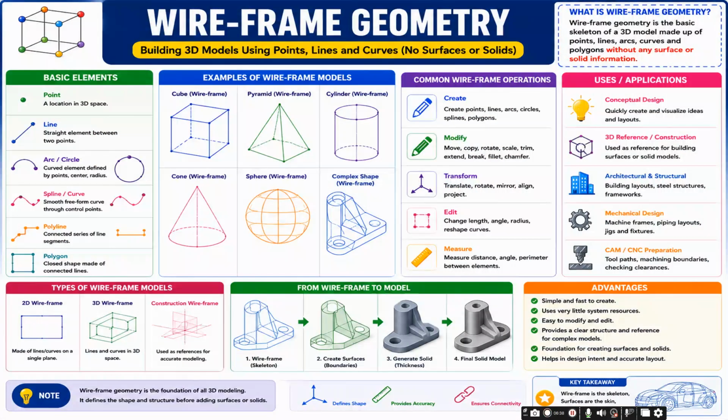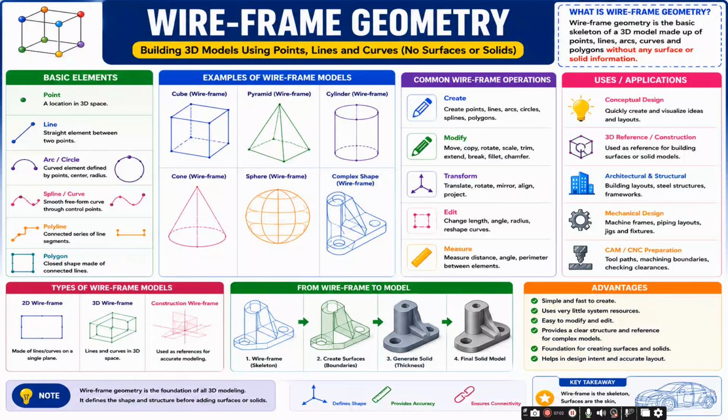Next one, wireframe geometry. Basic elements: point, line, arc, circle, spline, polygon and polyline. Examples of wireframe models: cube, pyramid, cylinder, cone, sphere, and complex shapes. Common wireframe operations: create, modify, transform, edit, measure.